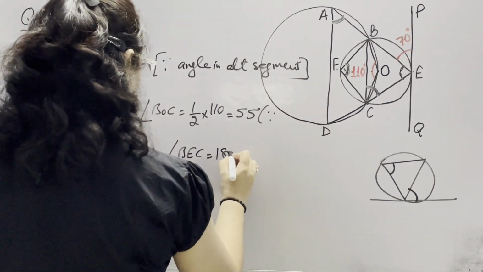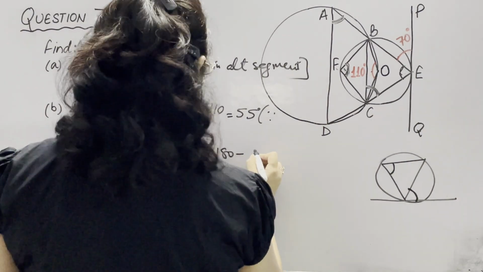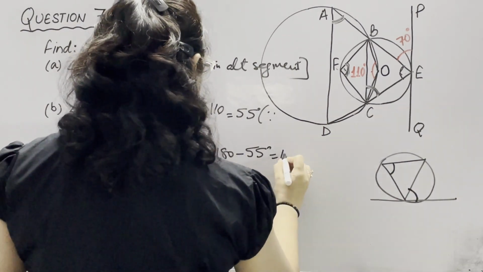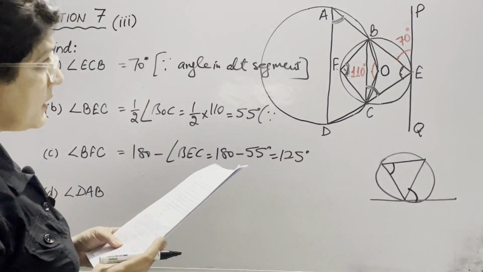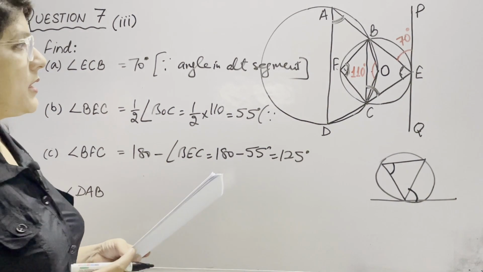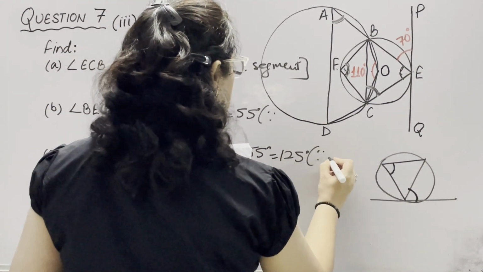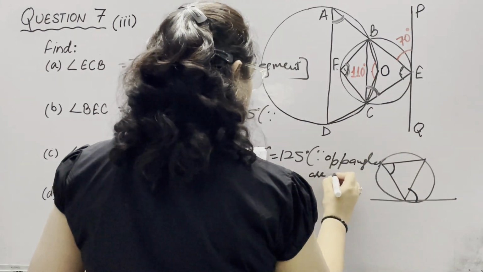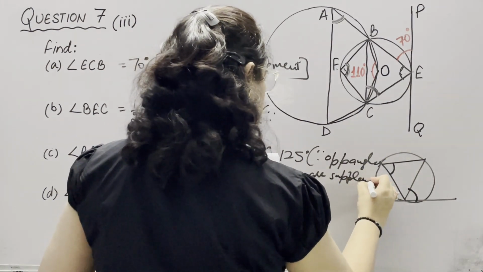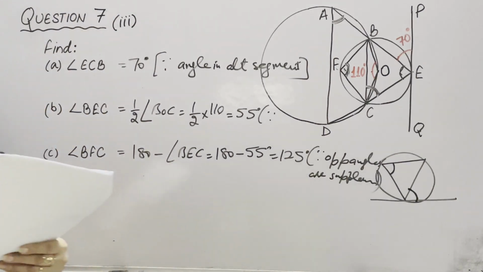It means 180 minus the value of BEC, we have calculated 55. So this angle is 125 degrees. We need to give the reason: in a cyclic quadrilateral, opposite angles are supplementary. Supplementary means their sum is 180 degrees.